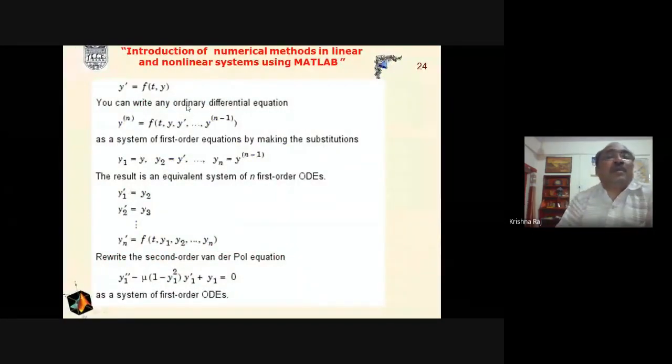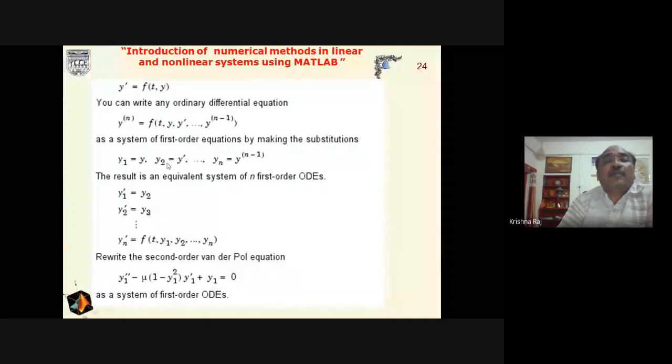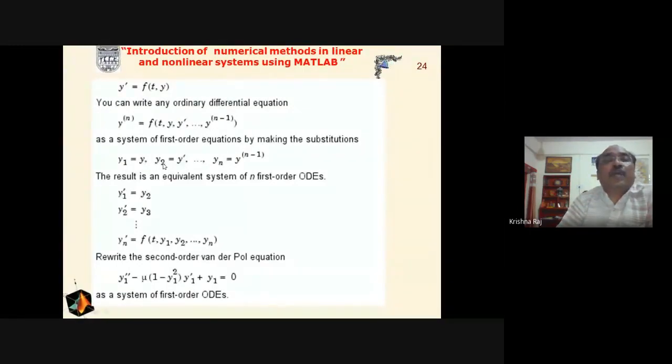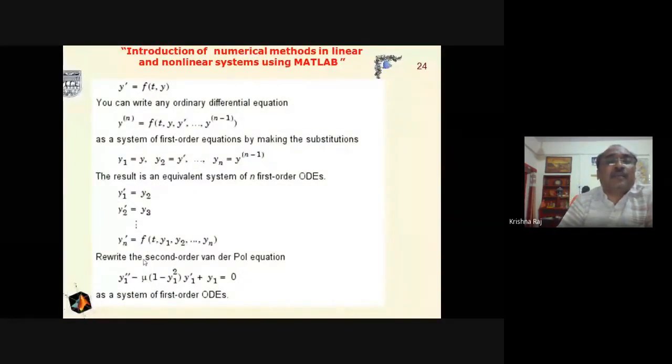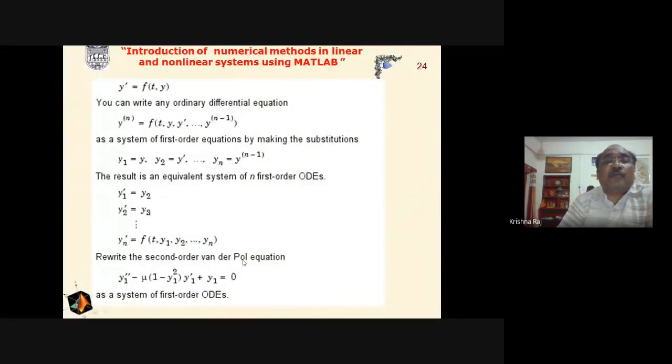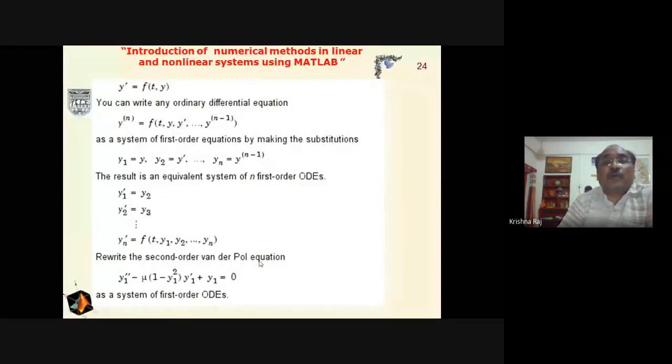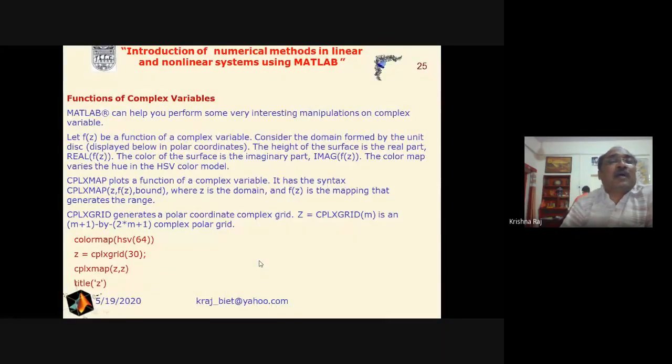For example, if there is an nth order differential equation, we write y1 equal to y, then y dash becomes y2, the first derivative, and so on. Now this may be written in this form, and we can generate a matrix and rewrite it. We can consider the example of the van der Pol equation and solve it using these commands.